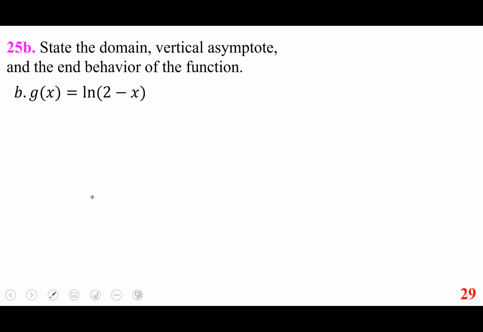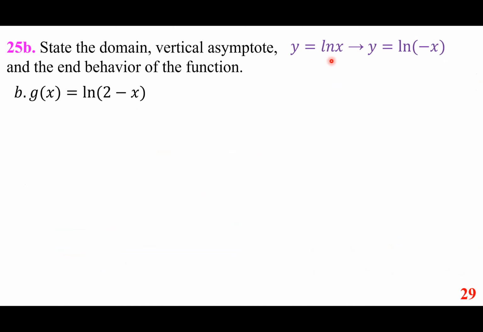State the domain, vertical asymptote, and the end behavior of the function. And again, as I mentioned, basically you set this equal to 0 and it gives you the vertical asymptote. But let's discuss everything, how it looks, and everything starts with ln x, which is a basic logarithmic function.